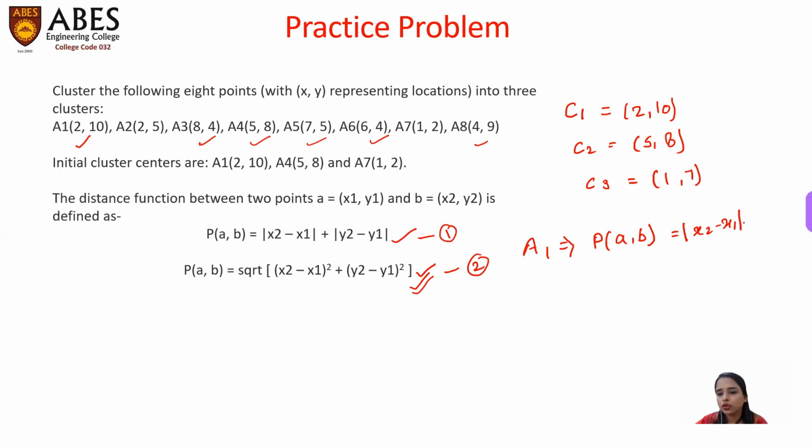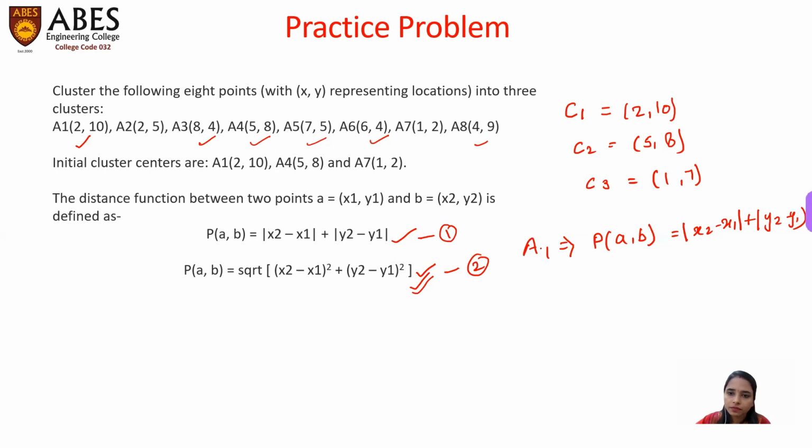We have used the absolute value here because sometimes we get the result in negative form also, like -2, -3 or -4. So by using this absolute value, we convert it into an unsigned value. Then plus the absolute value of y2 minus y1.